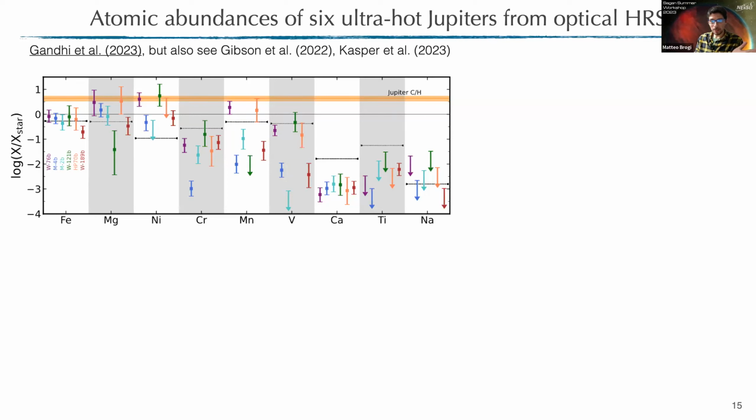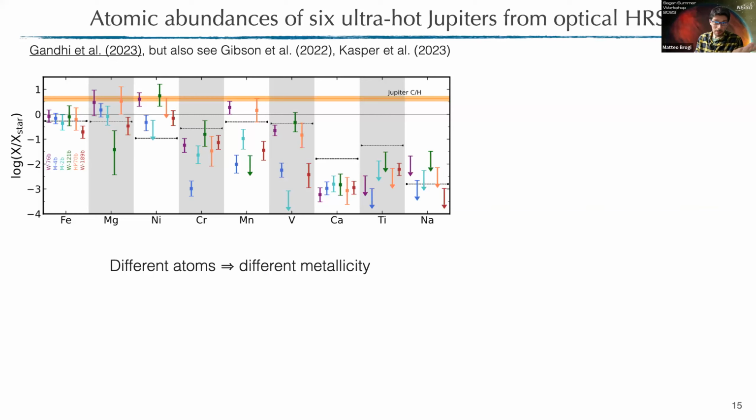What happens to the optical, all the atomic species detected? Well, even here recently, Sid Gandhi made a comparative study of 6 ultra-hot Jupiters. And as you can see, here's all the abundances relative to hydrogen that he was able to measure.